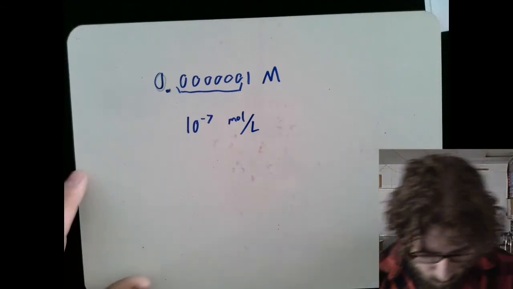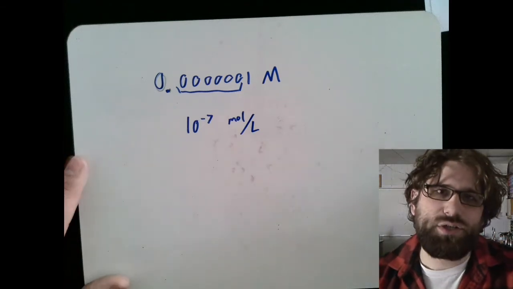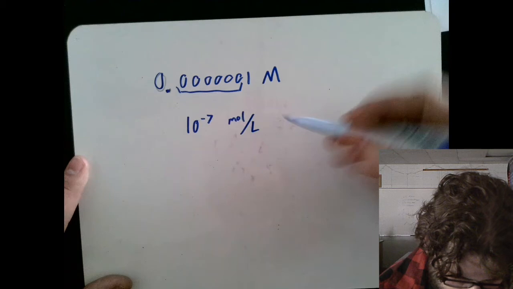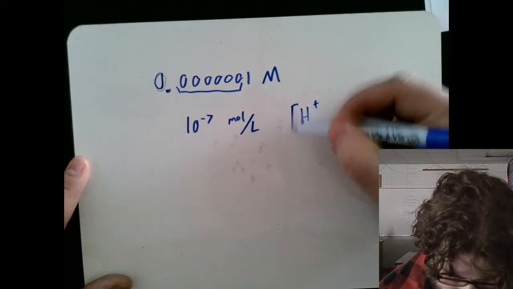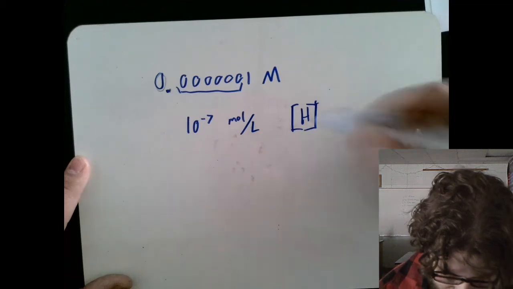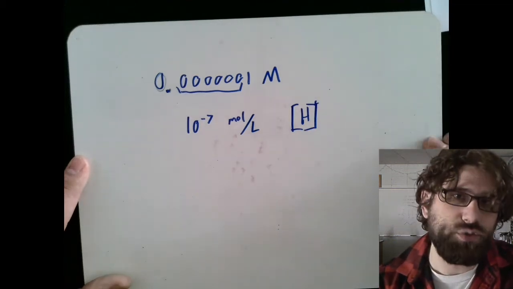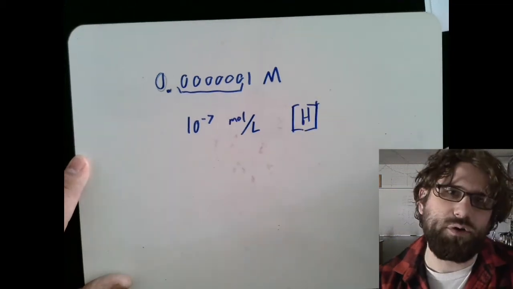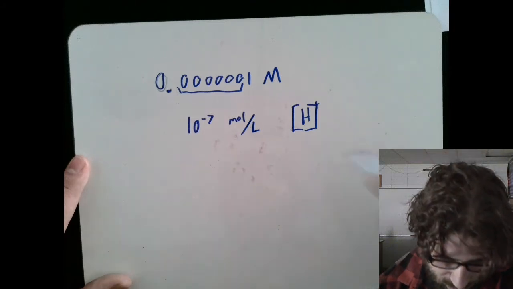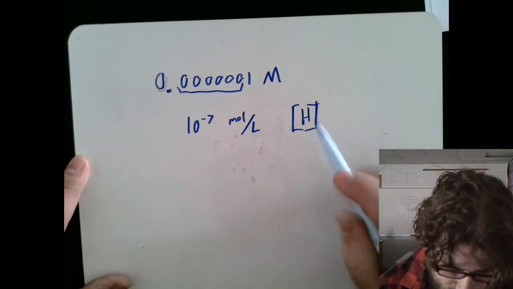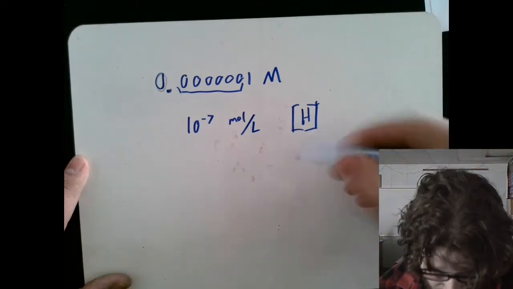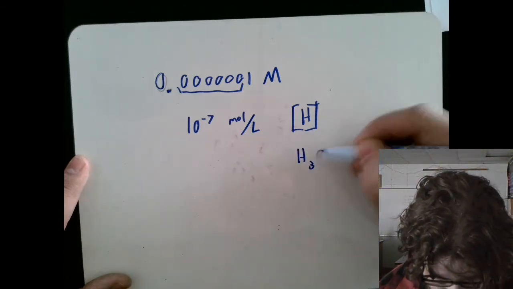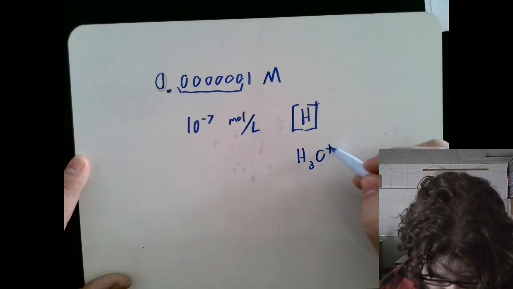And so when we say pH, what we're saying is how many H pluses, what is the concentration of H pluses in a solution? That's what pH is really referring to. It's a shorthand for looking at this. When we say H plus, what we're really saying is how many hydronium ions are there in this?